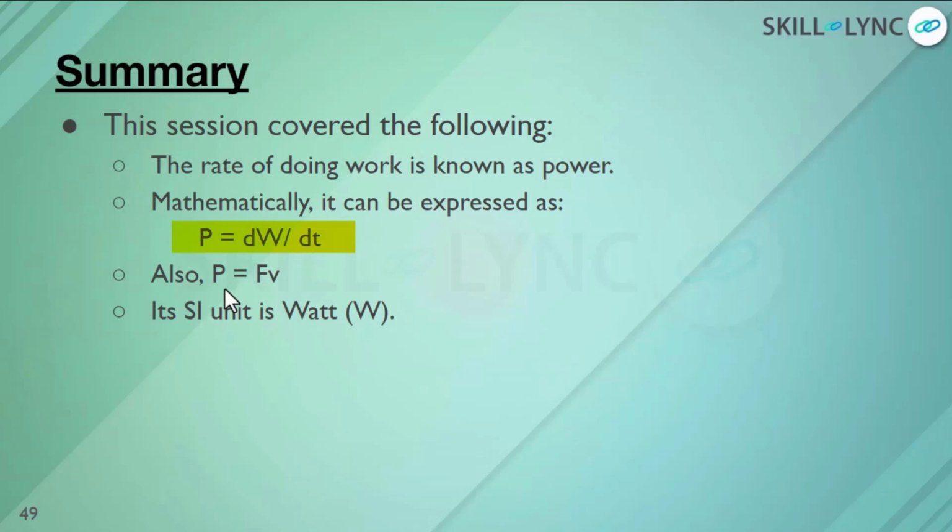Therefore, we have also concluded by deriving from this equation that power is equal to F into V, where F is the force and V is the velocity of the object. This has been derived from this equation only, that power is equal to work done per unit time. The SI unit of power is watt, although there is also a generalized unit that has been used for power, horsepower. And we have studied that 1 horsepower is equal to 746 watts.